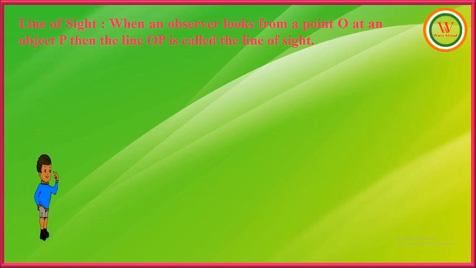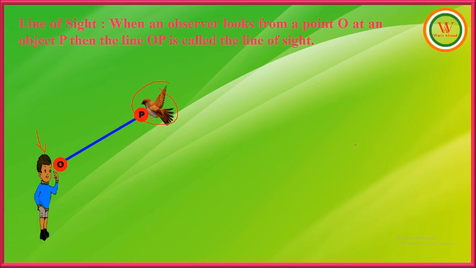Suppose this boy is an observer and this bird is an object. This boy is looking at this bird. So the line segment joining this observer to this bird is called the line of sight because this boy is looking from point O to an object which is placed at point P.